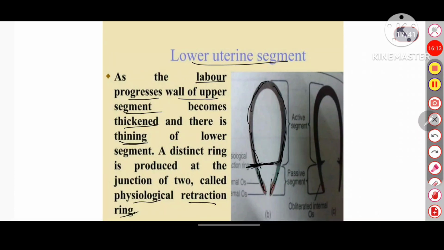It is mainly caused by the division of the uterus into the upper and lower segments, the upper segment becoming thick and the lower segment thin, making a constriction at one place. The formation of this ring is called the physiological retraction ring.